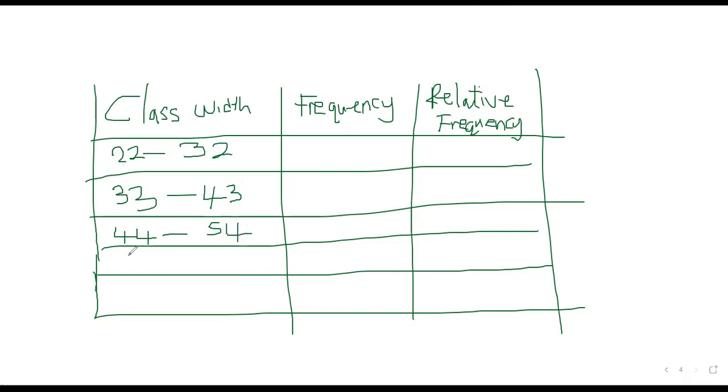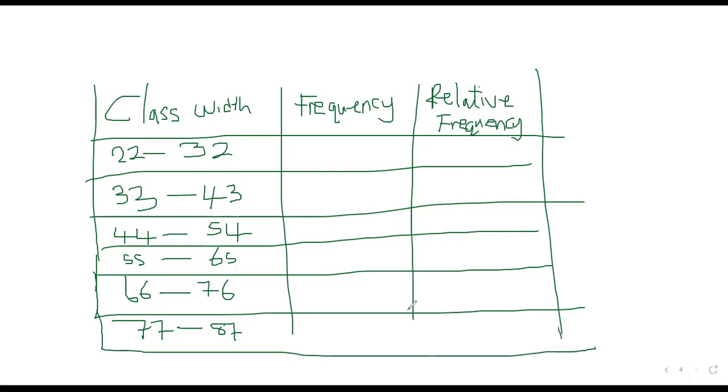Then from 55, we'll go to 65. Then 66, we'll go to 76. Then 77, we'll go to 87. So this is about the frequency distribution.